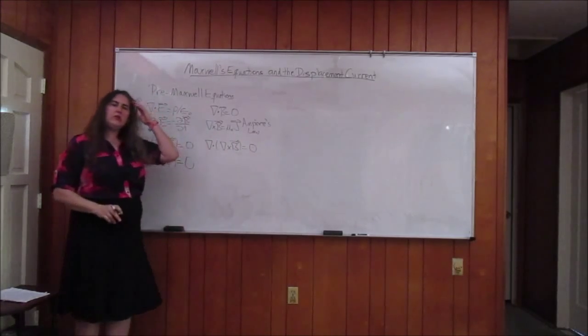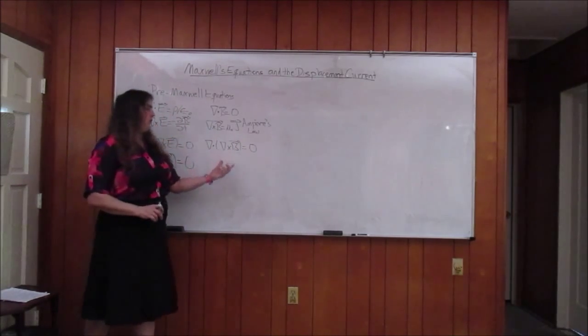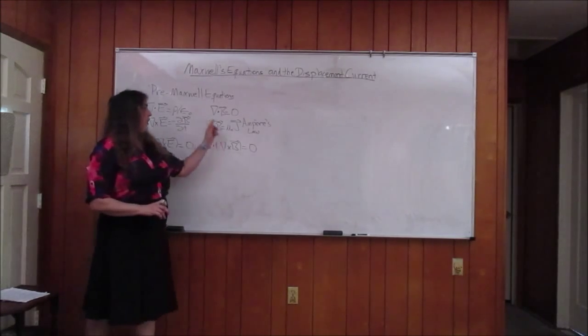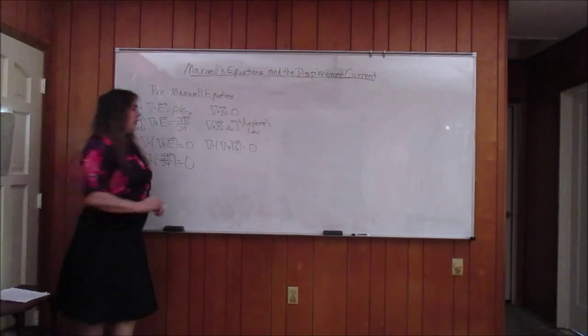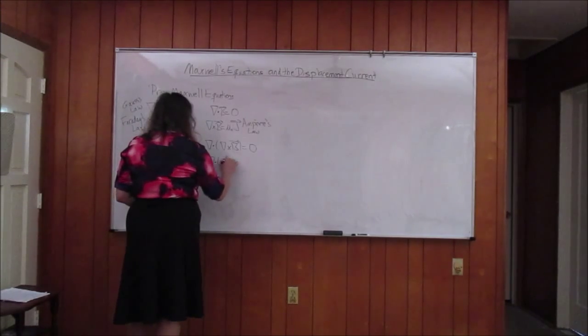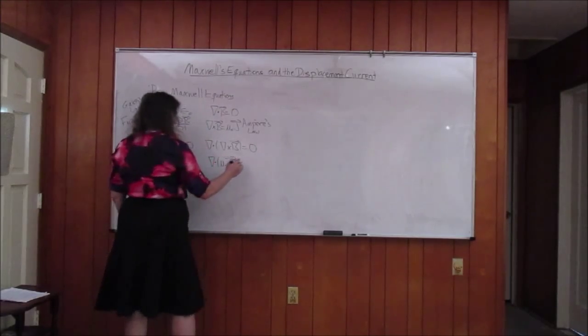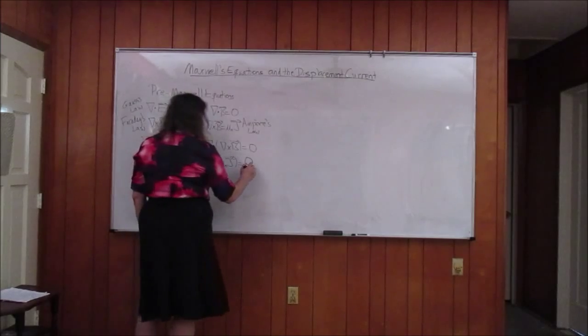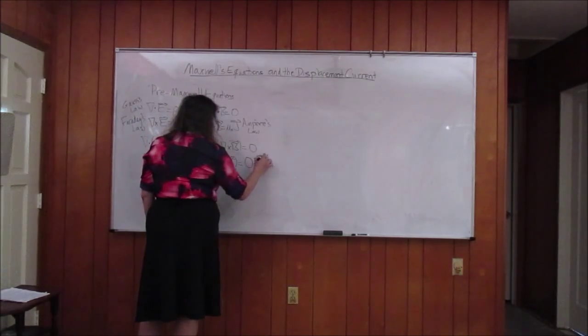The left-hand side clearly vanishes when I take the divergence. Again, divergence of the curl of any vector is always equal to 0. The right-hand side, however, presents a problem. That's equal to 0, but only in certain cases, only for steady currents.